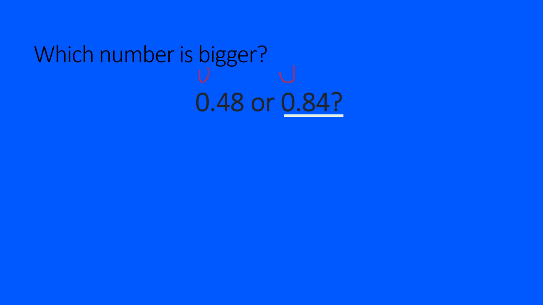So you can't choose which number is bigger. So we move on to the next column, which is the tenths column. So I'll be looking at the 4 in the first number, and I'll be looking at 8 in the next number. So what number is bigger between 4 and 8? 0.84. So this will be the bigger number.